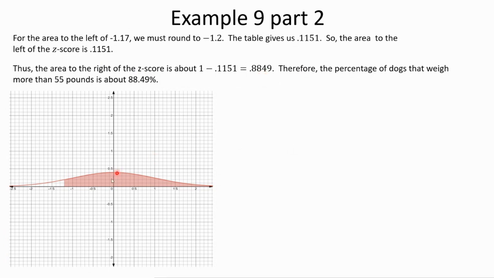So the percentage of data values greater than 55 pounds is about 88.49%. In other words, the approximate percentage of dogs that weigh more than 55 pounds is about 88.49%. So it's just 1 minus the area given in the table. That's what we're looking for.